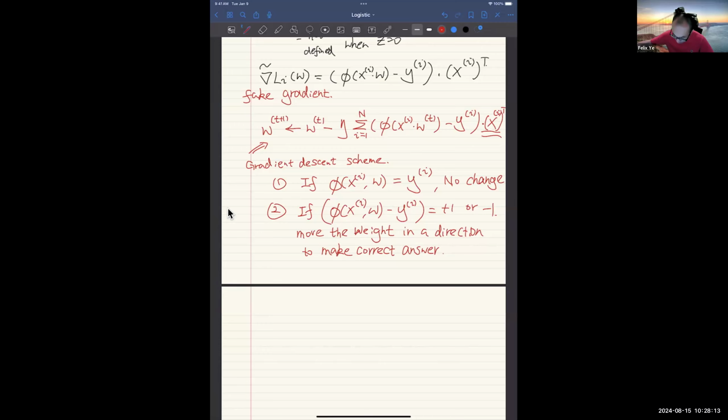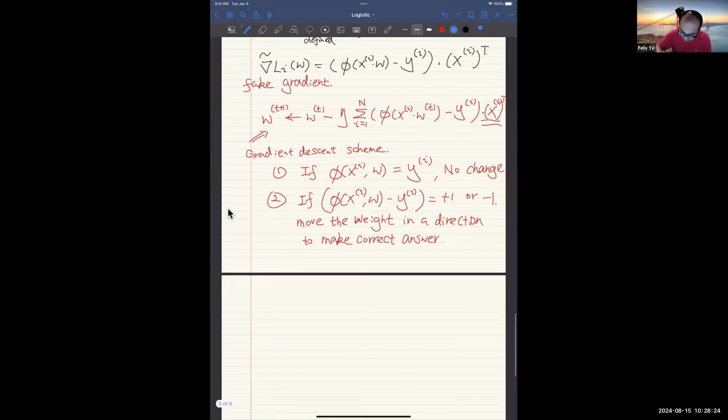One of the issues here, this is my gradient descent scheme. One of the issues in machine learning is that we usually have the problem that n is very large. If n is very large, to calculate the gradient would take a really long time.